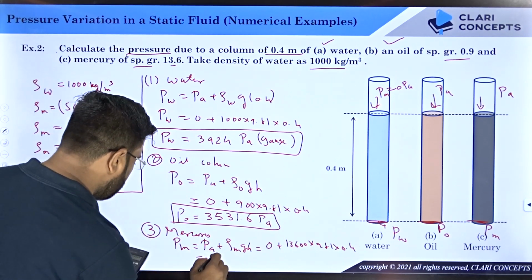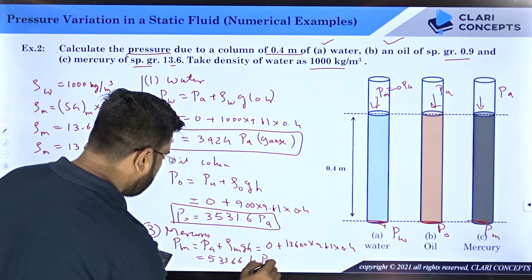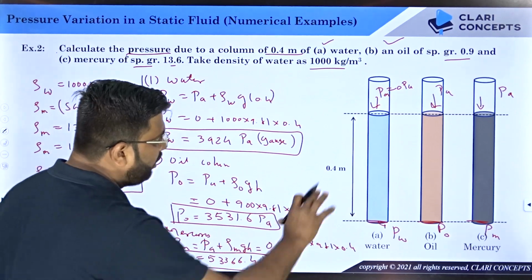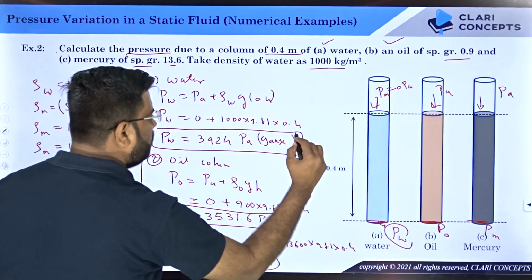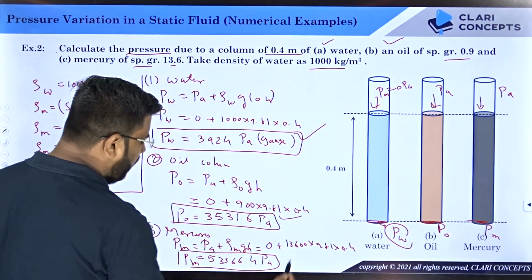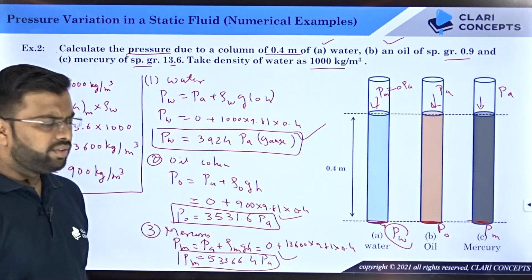You will get 53366.4 Pascal gauge. Now if you look very closely, the liquid column has the same height, but the pressure at the bottom of the water column is 3924 Pascal, for the oil it is 3531.6, and for the mercury it is 53,366.